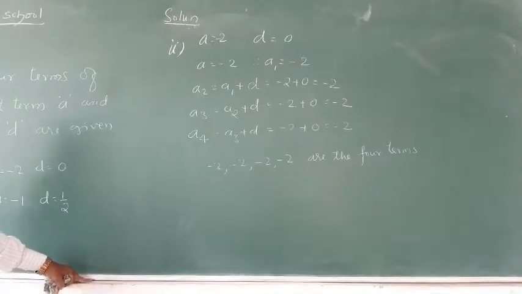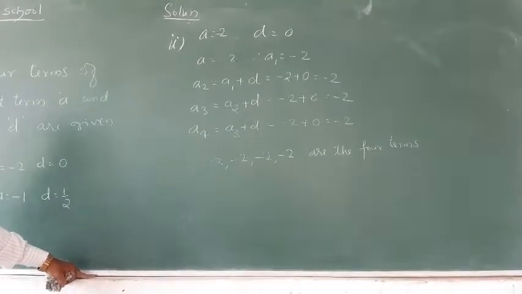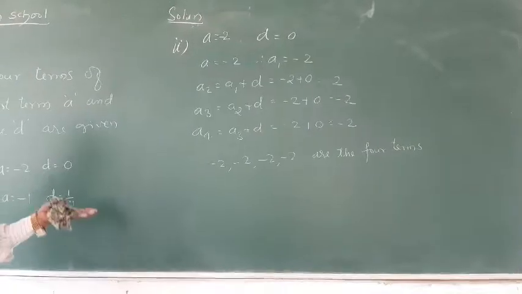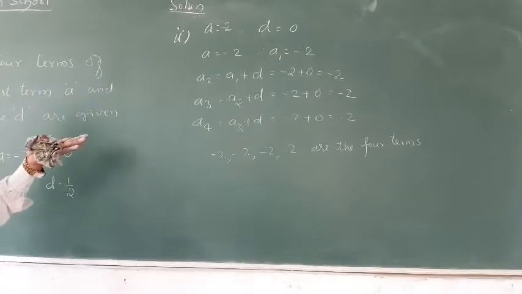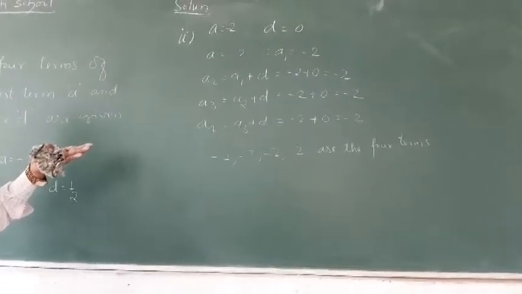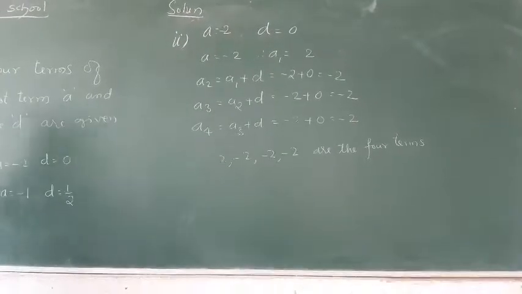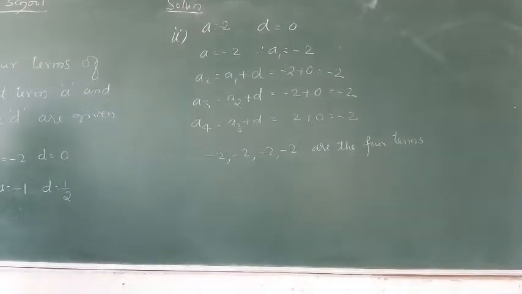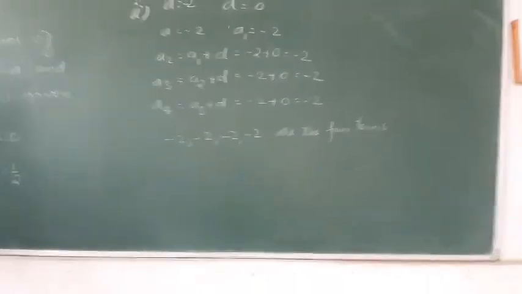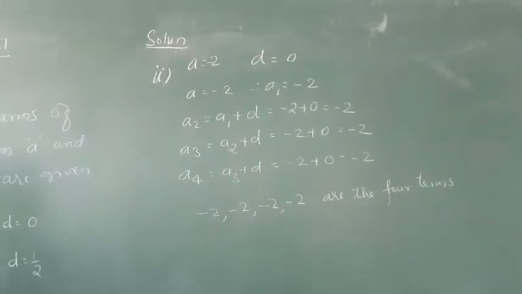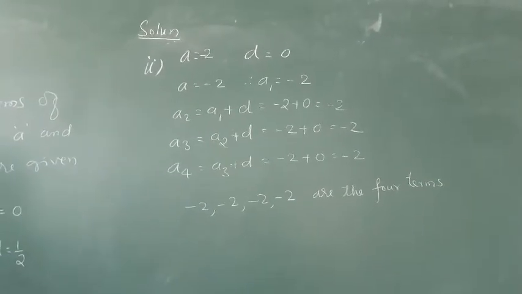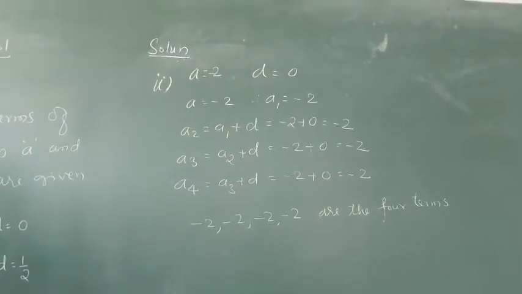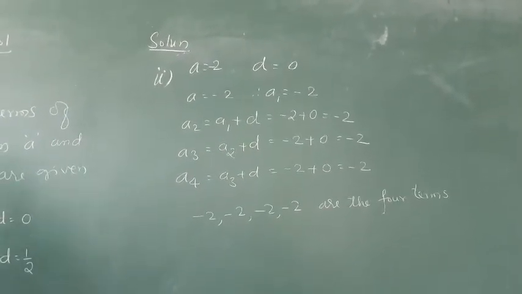You can use that formula also, An equals A plus (n minus 1) into D. See once again attentively, A is equal to minus 2, D equals 0. Here A equals minus 2, that implies A1 equals minus 2.